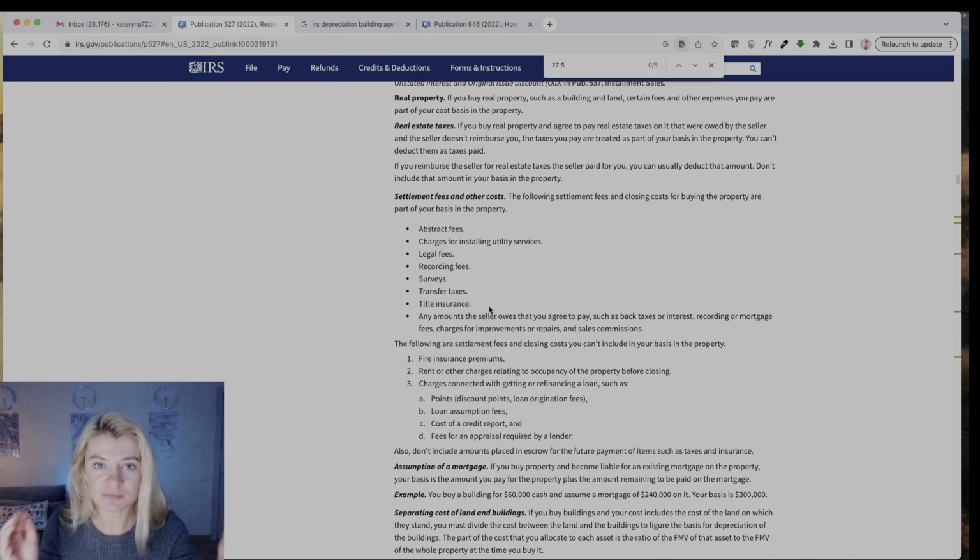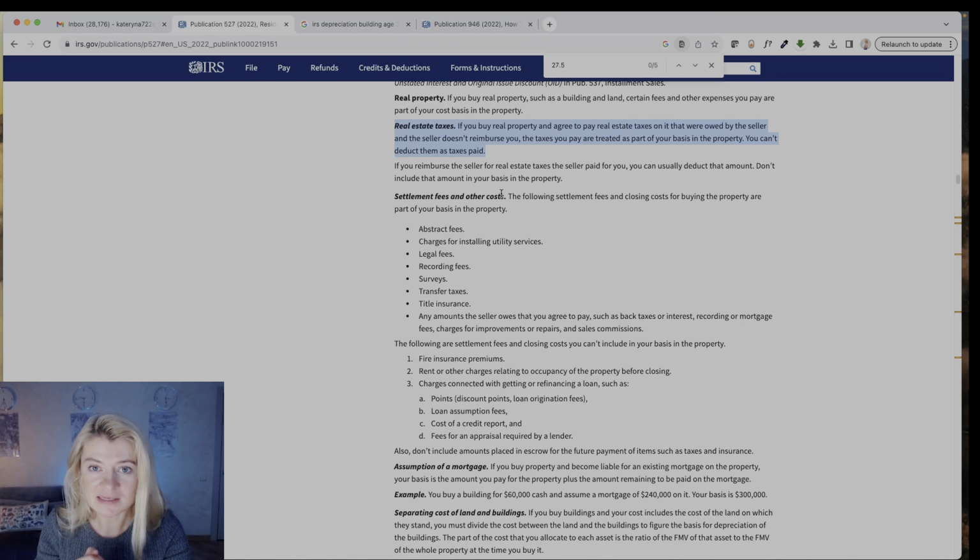Usually when your client is purchasing a property and assumes somebody else's responsibility for real estate taxes from a period when the property was not owned by them, they cannot deduct those real estate taxes, so they add them to the basis.